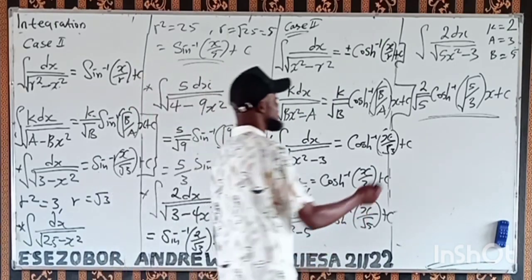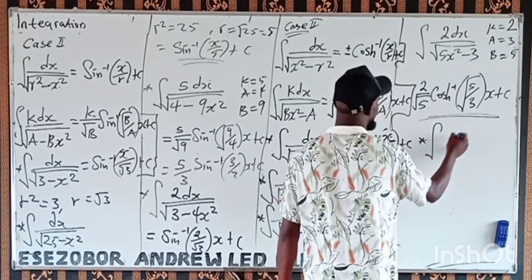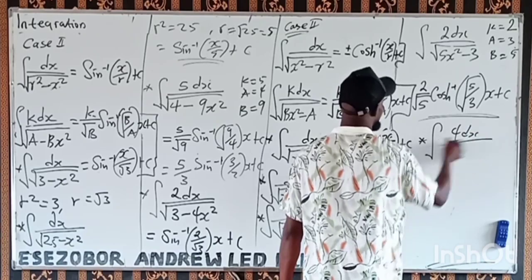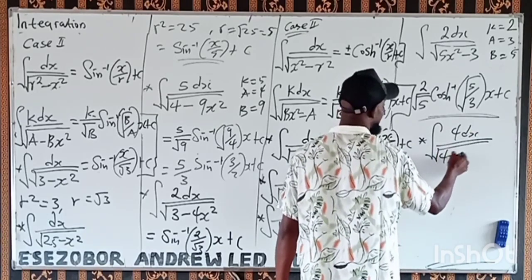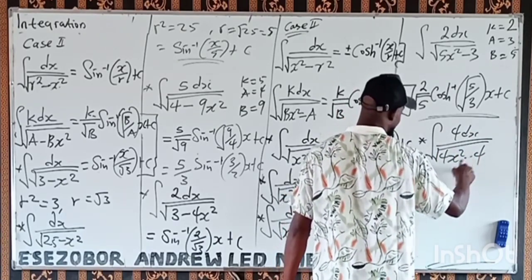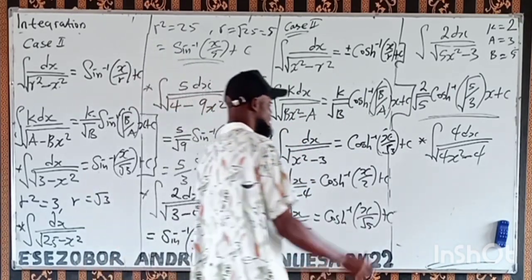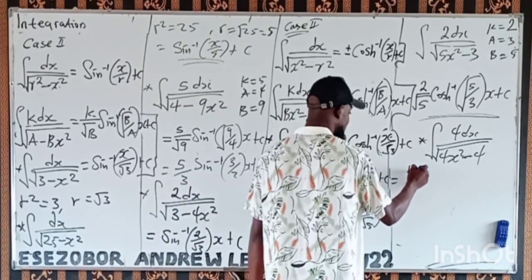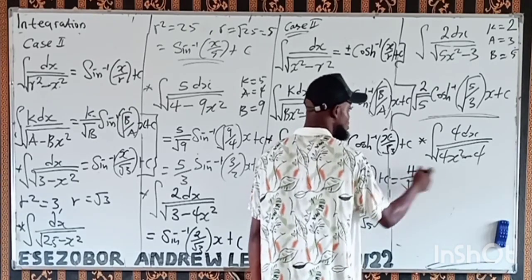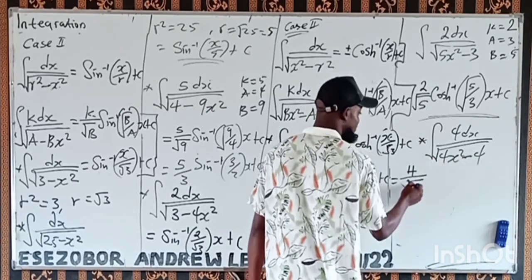So if I have something like this now, the integral 4 dx all over the square root of 4x squared minus 4, it's minus for this. What will be the answer to that? That becomes k over root b, which is 4 over root b. Which one is b here? 4.